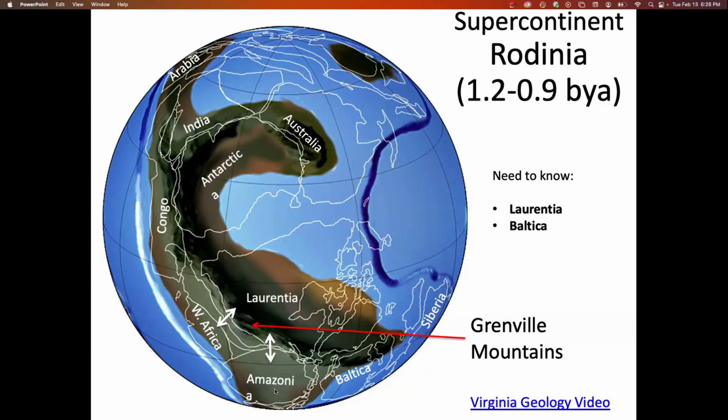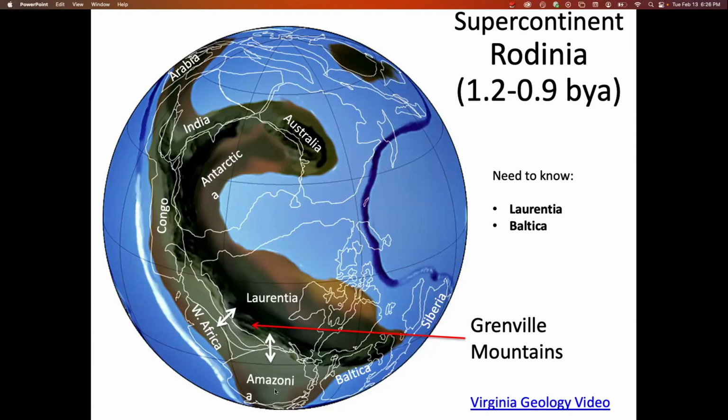How many of you have heard about Rodinia? Raise your hand if you've ever heard Rodinia. Okay, 3 of you. Okay, so it's the supercontinent that preceded Pangea. And so Pangea is roughly 350 million years old. Rodinia is 1.2 to 0.9, so 900 million to 1.2 billion years old.